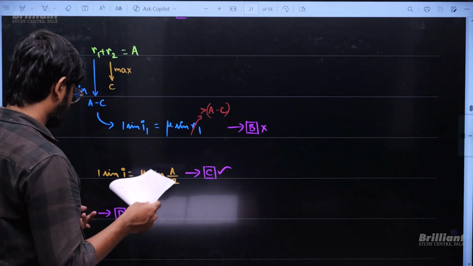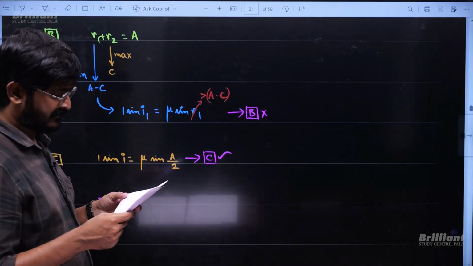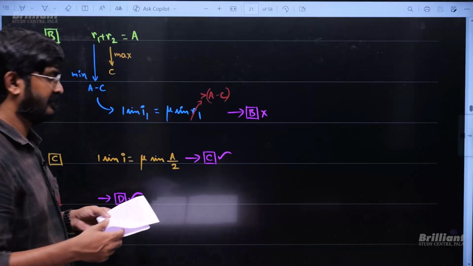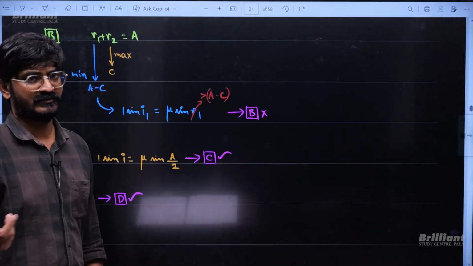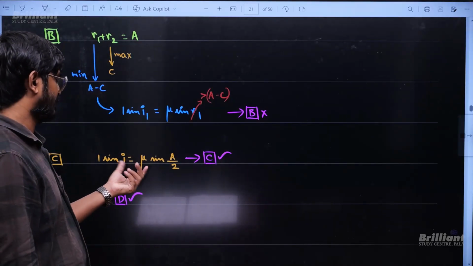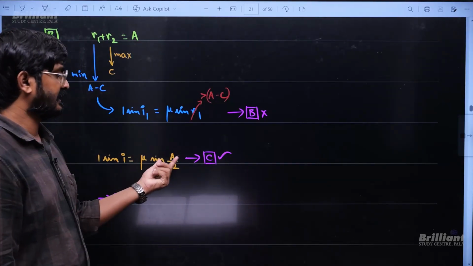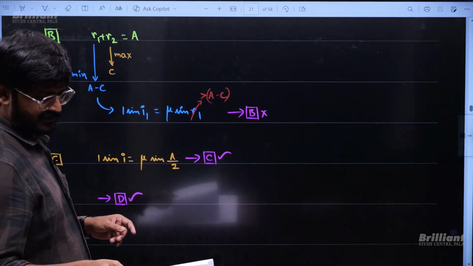That should make sense also. When the ray emerges out, deviation will be minimum. See, deviation will be minimum when I1 equals I2, R1 equals R2. There will be a mathematical proof also, but we will be taking it for granted anyway. So if you apply Snell's law at any location, 1 sin I equals mu sin R, where R is A by 2. And maximum deviation is going to happen at 90 degrees.